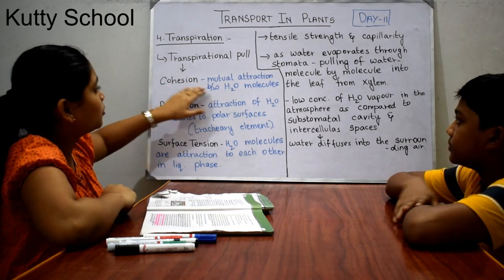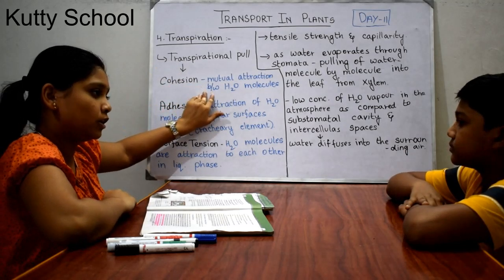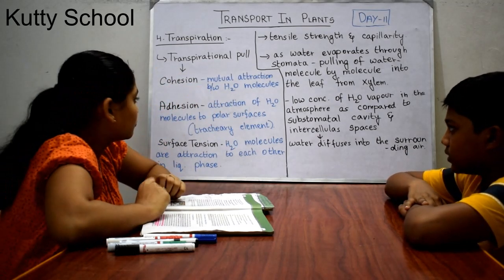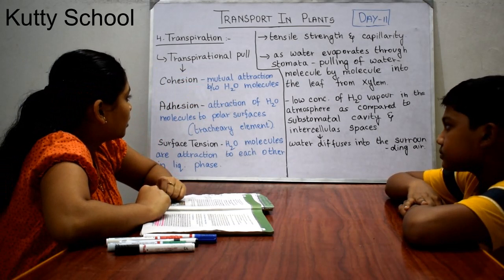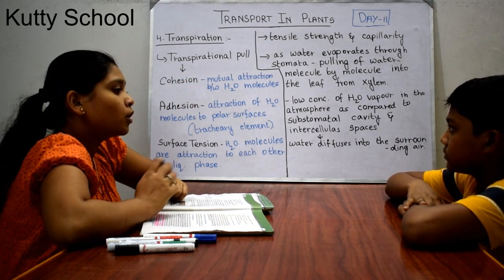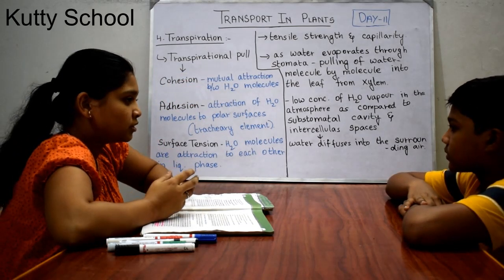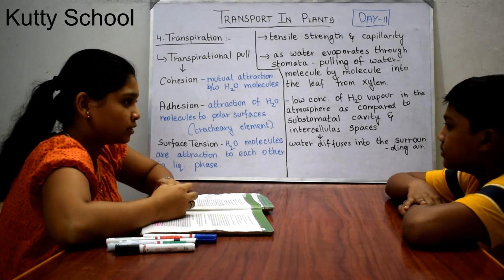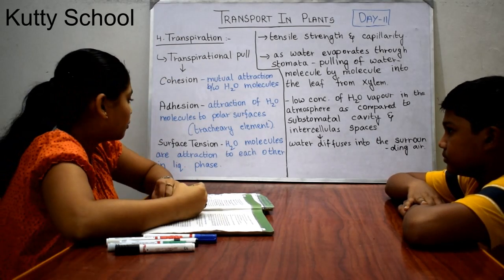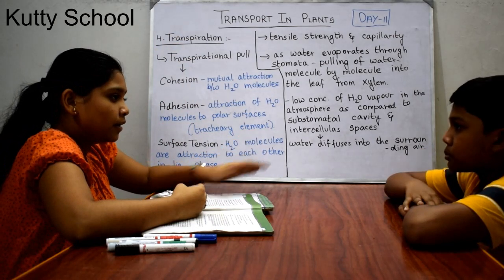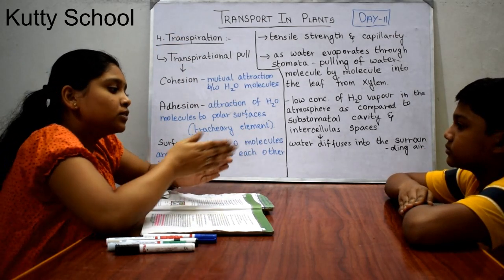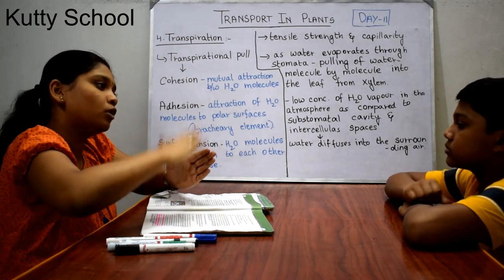Cohesion is the mutual attraction between water molecules. Adhesion is the attraction of water molecules to polar surfaces, such as the xylem element surfaces. So water attracts to the surface of that element and to other water molecules.